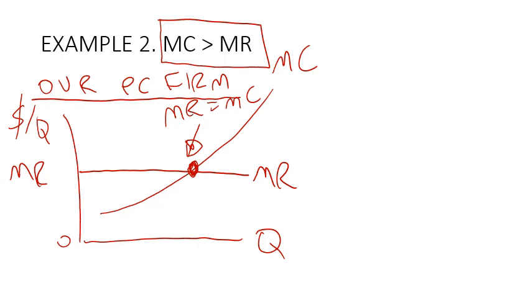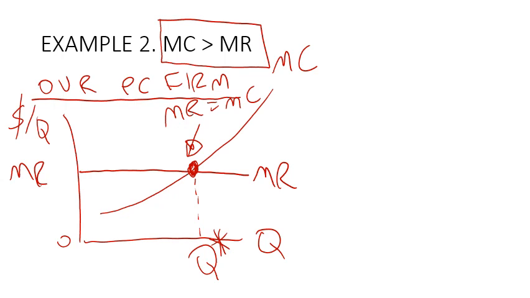So how many units should our pure competition firm produce? These many units, because MR equals MC. Cannot do any better. Let me change colors.